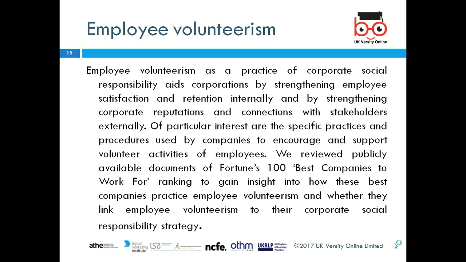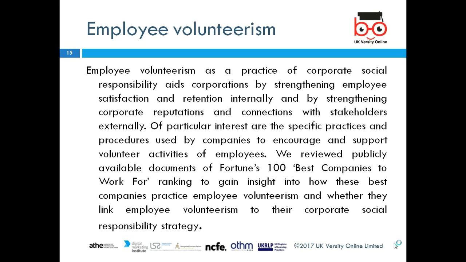So volunteerism as a practice of corporate social responsibility in the corporation brings employee satisfaction and retention internally, and by this we look at corporate reputation and connection with stakeholders. Regular meetings with stakeholders and involvement of particular interests are the specific practices used by companies to encourage and support volunteer activities of employees.